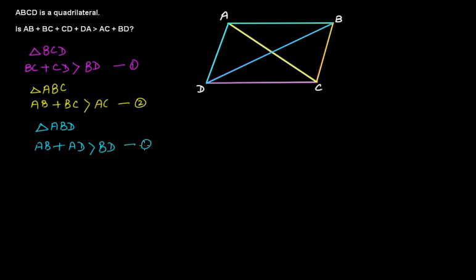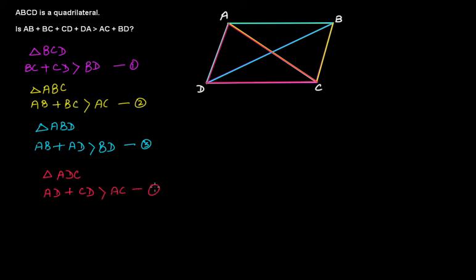This is 3. Now from triangle ADC, from this triangle ADC, AD plus CD will be greater than AC.